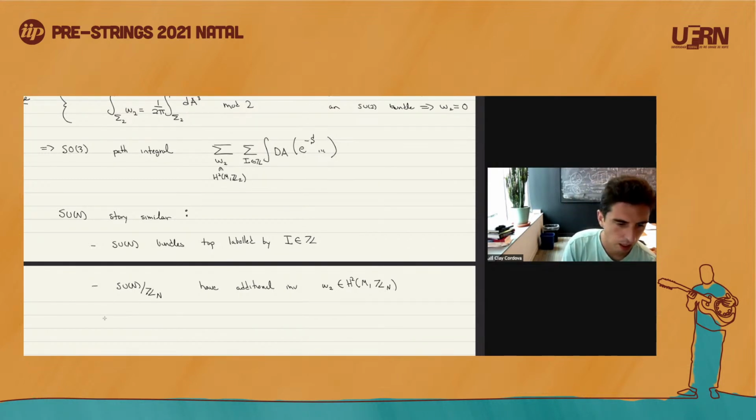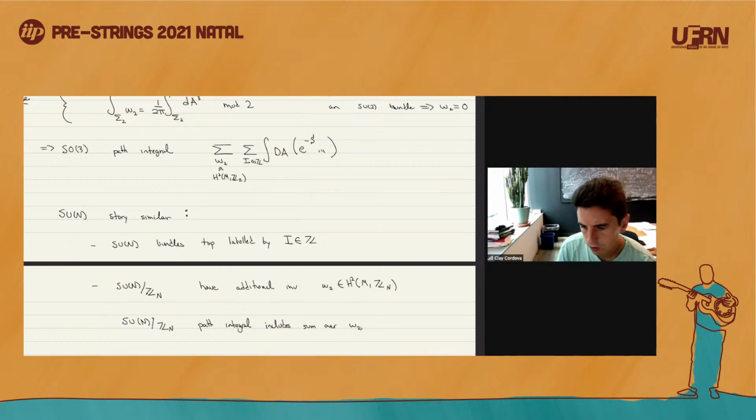And the SUN mod Zn path integral includes a sum over W2.